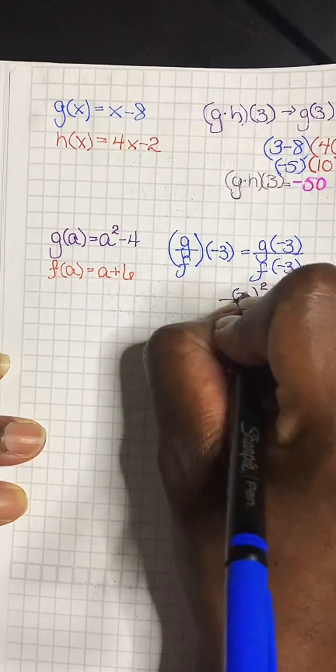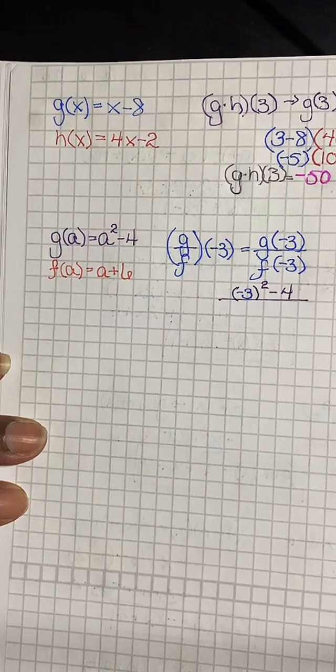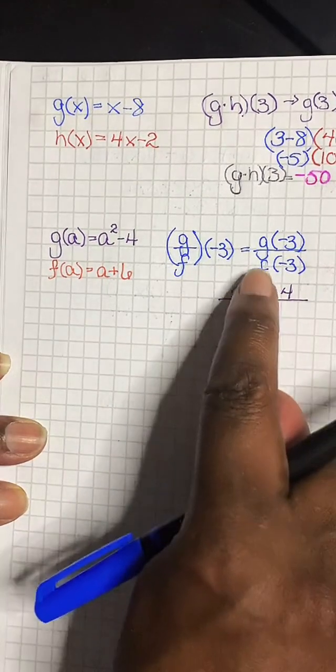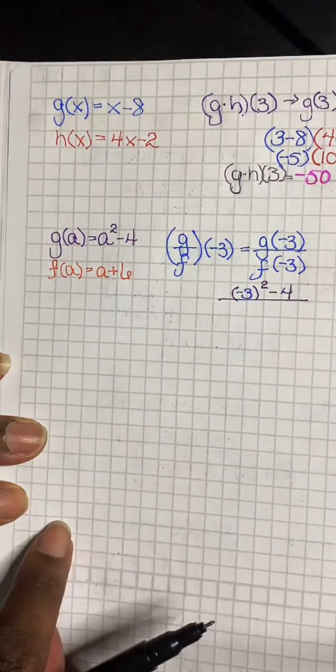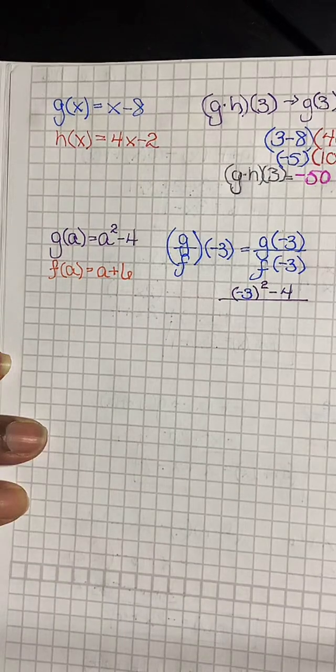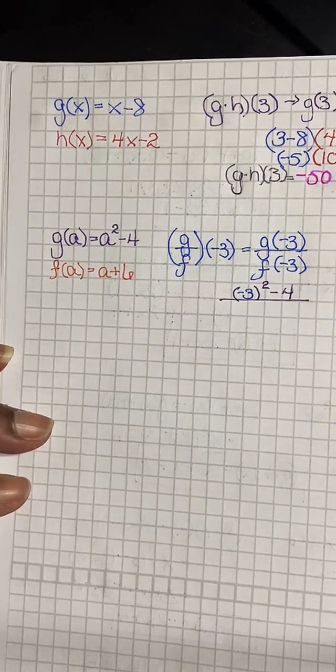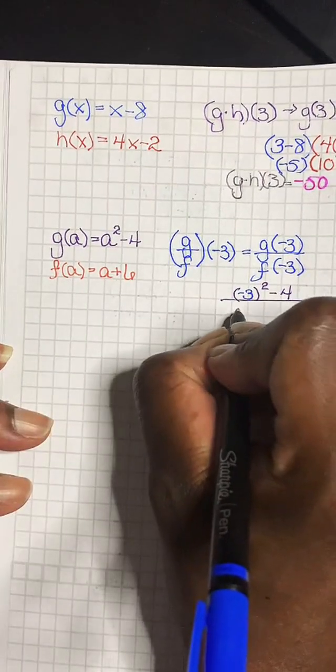Okay, so I got my negative 3. So for the denominator is the f of negative 3. That means I'm going to the f function, and notice where there was an a, we're going to put a negative 3.